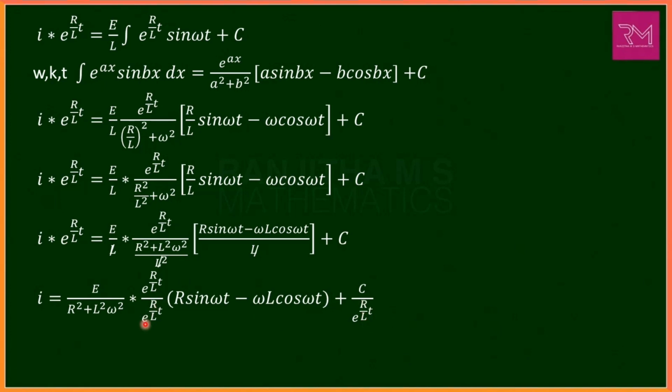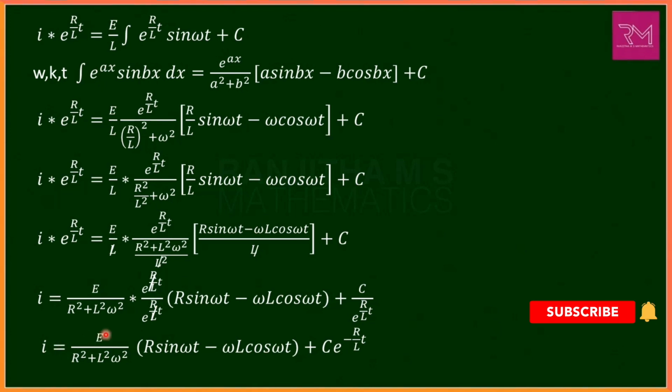Now we can cancel this value and take the other value to the numerator. We get I equals E divided by R square plus L square omega square into R sin omega t minus omega L cos omega t plus C into exponential power of minus R by L into t. Call this equation number 2.